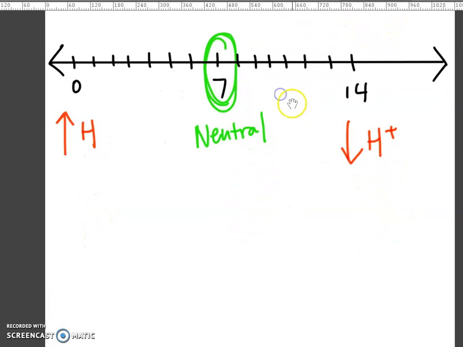The only thing in the entire universe that we care about that is neutral is water, pure H2O. This is the only thing that is neutral. You should not give me anything besides water.